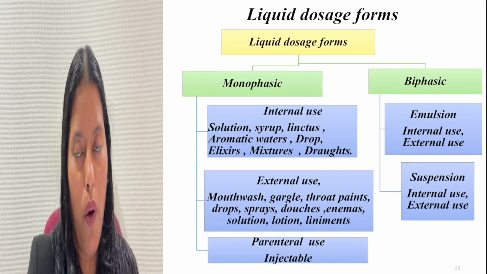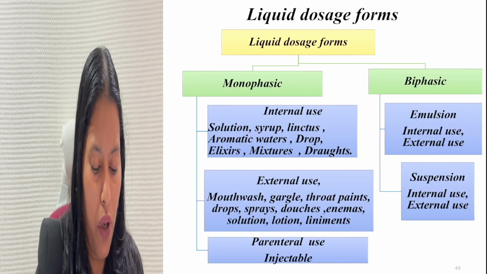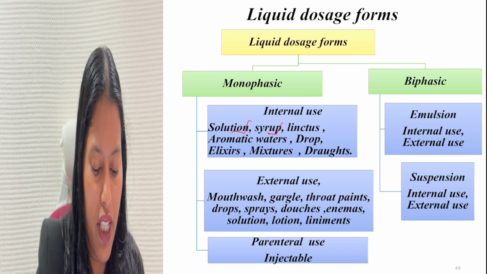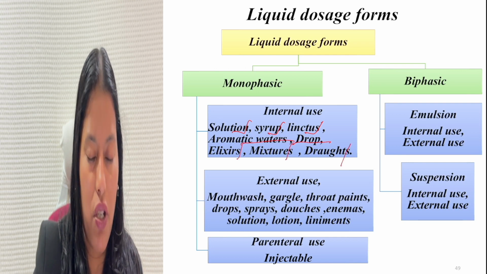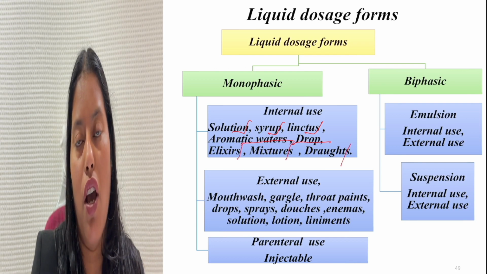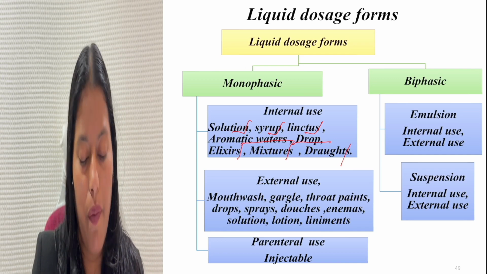Monophasic liquid dosage forms, if for internal use, include solution, syrup, linctus, aromatic water, drops, elixirs, mixtures, and draughts. These are various examples of monophasic internal dosage forms.